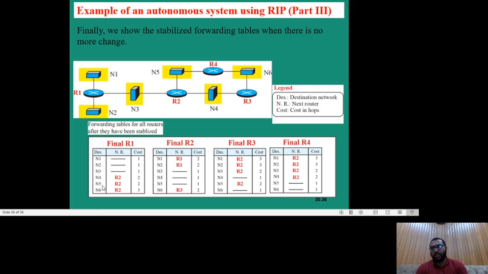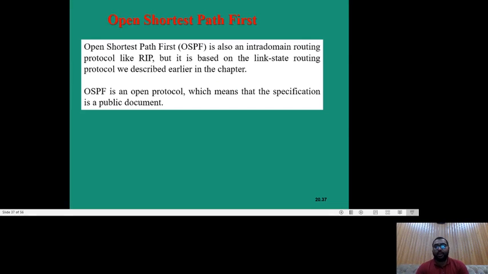If you want to reach N6 from R1, say N1 and N2 or any node in this network wants to communicate with any node in N6, it has to go through three routers. So the minimum hop count is 3, or the cost is 3, because this is the shortest path; we don't have any other path. So that is how the Routing Information Protocol works.